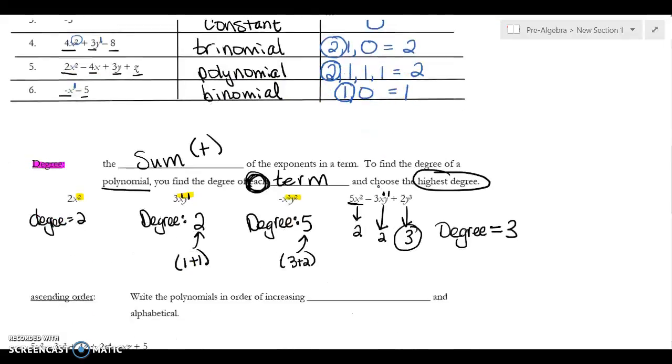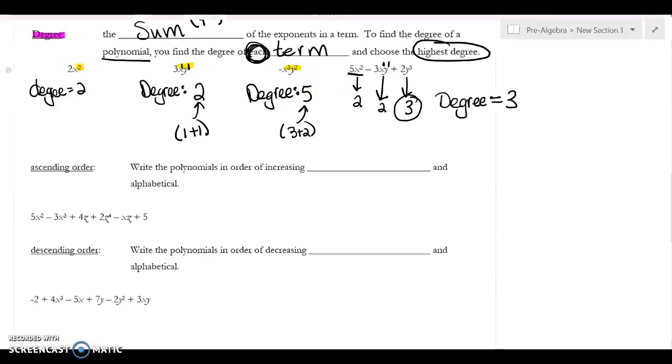All right, the next thing we need to talk about is ascending and descending. We've talked about this when we talked about integers, but now we have to talk about it in terms. Ascending means you go up. And so I pick the smallest thing and go up with that. So write polynomials in increasing degree and alphabetical.